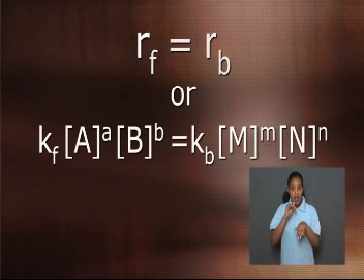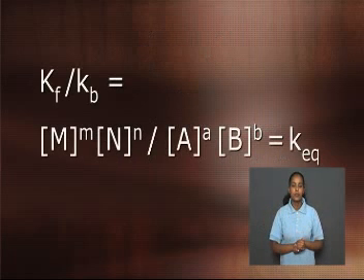At equilibrium, the rate of forward reaction is equal to the rate of reverse reaction. Kf and Kb are constant.